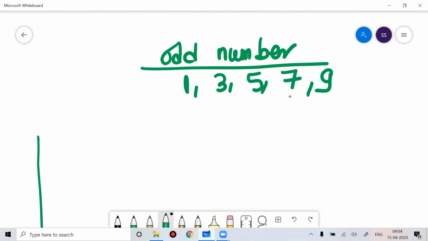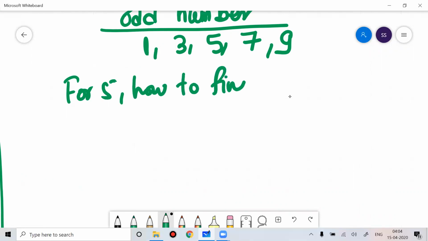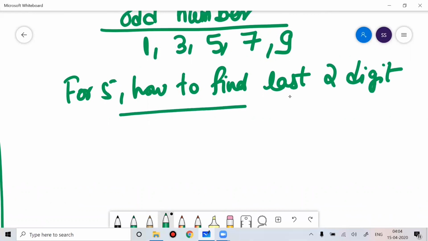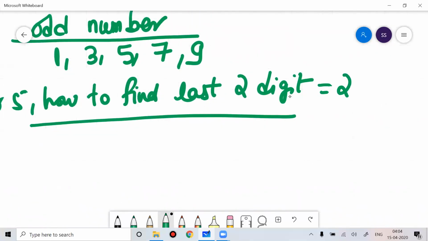For 5, how to find the last two digits? Very easy. For 5, the last two digits are either 25 or 75.